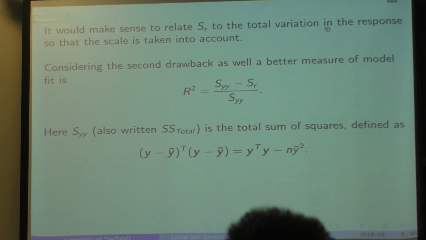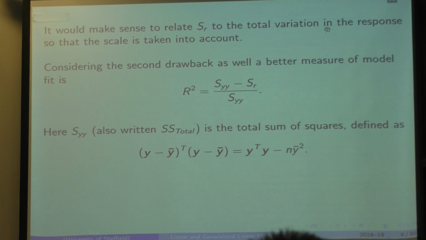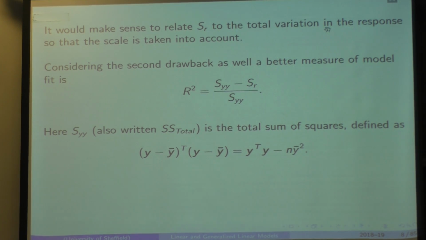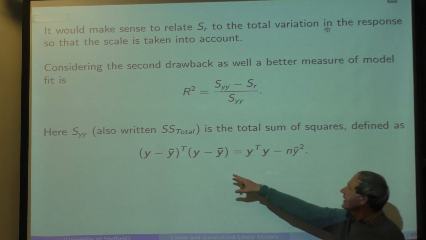So this is, as I said, what we get if we just fit a linear model with only a constant term. If we only have a constant term, the fitted value for every observation is the same, and it's the mean of the observations. So it's the mean of the data, which is y bar here.